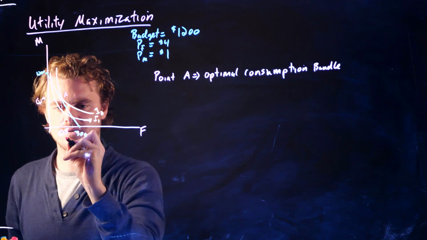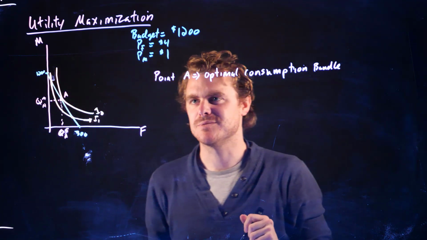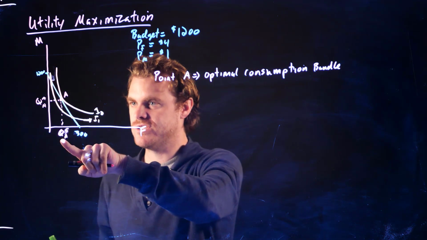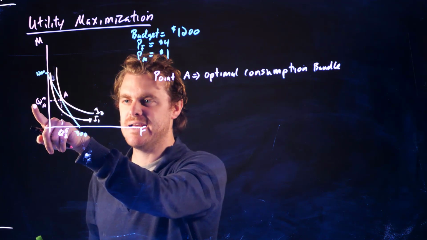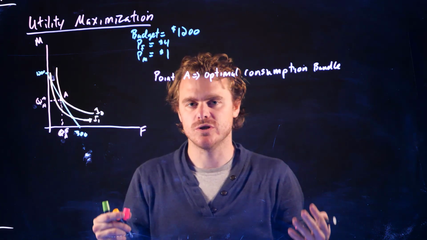Oops, it's supposed to be an M up there. The writing's pretty small. So that quantity of fish combined with that quantity of mangoes is the combination of goods that maximizes our total utility.